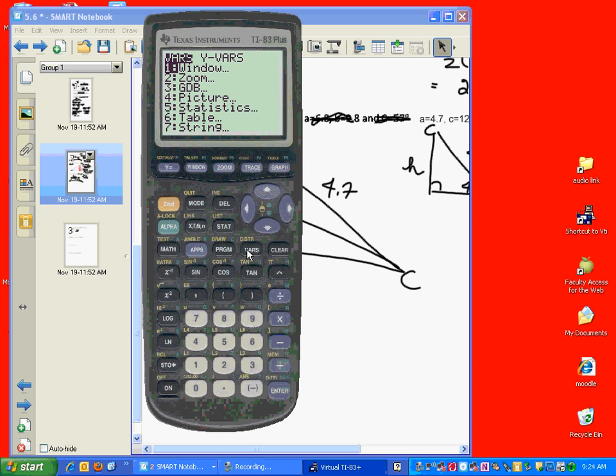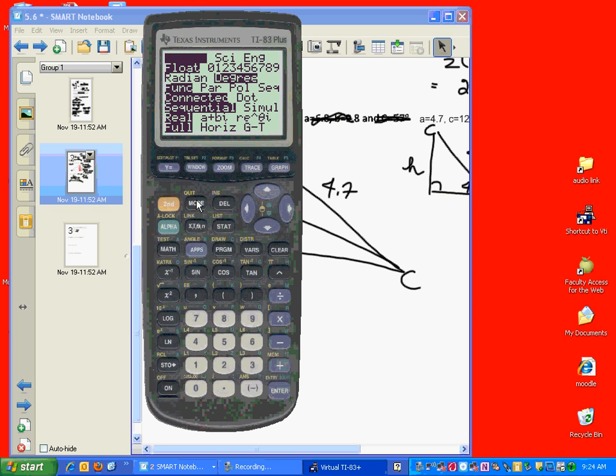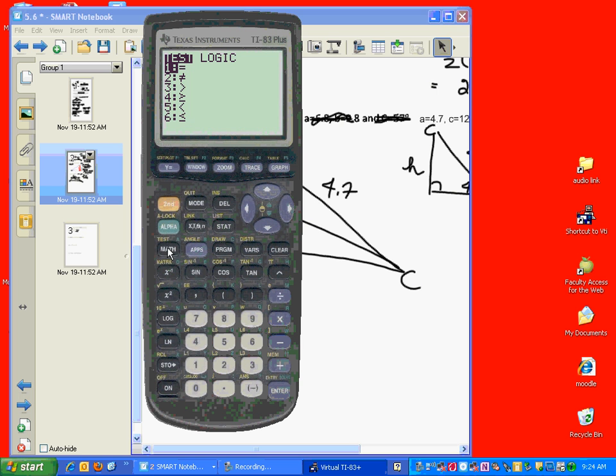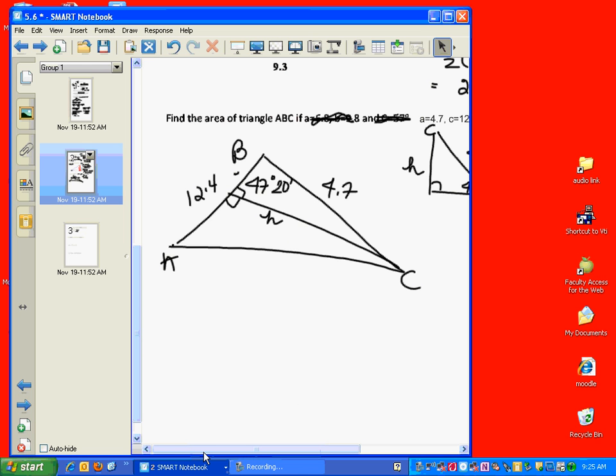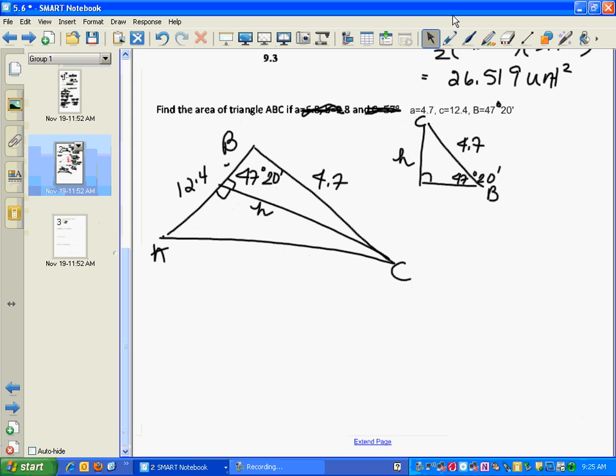It's not in mode. I was just trying to make it easier for you, but we're wasting more time here. I'll come back to you and tell you how to do it. I found it really simply on my calculator at home. Okay, we're going to stop messing around with this.